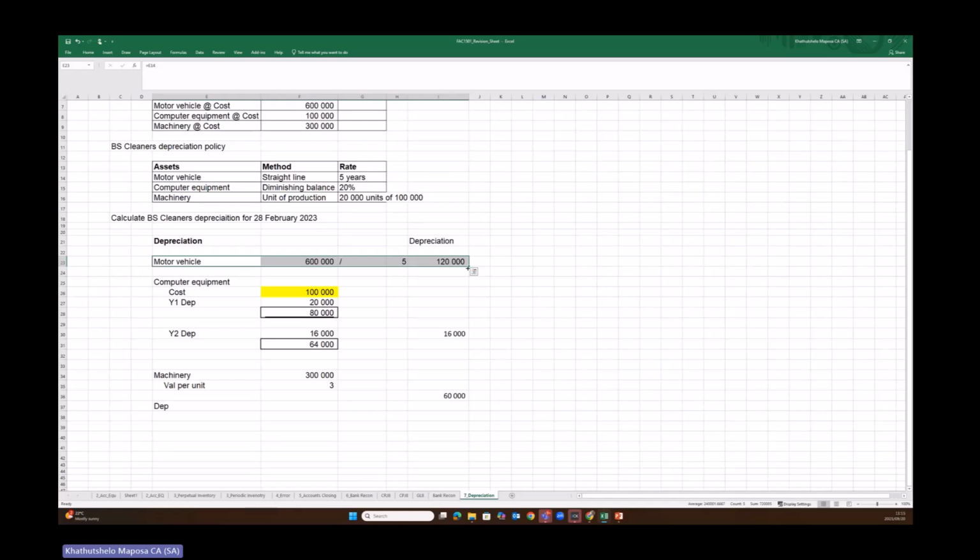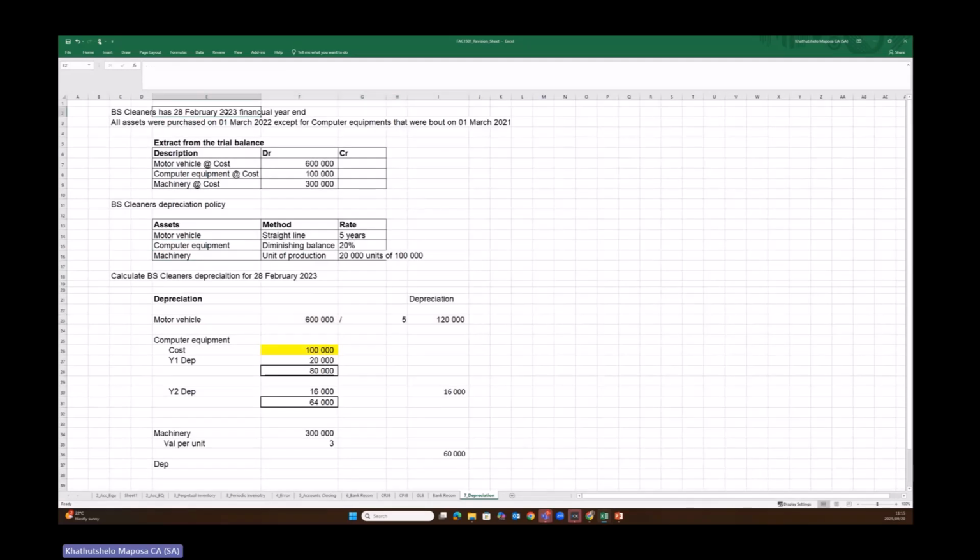And the dates are very, very important when calculating depreciation. To say when was the asset bought, where are we now, how many years have passed since the asset was bought, and how many years are we required to calculate depreciation for. Remember, I've also told you about accumulated depreciation. Don't be fooled. Accumulated depreciation is just the total depreciation for all years.